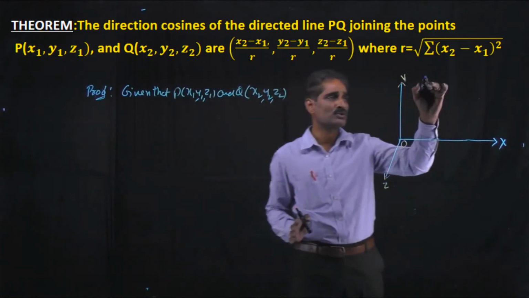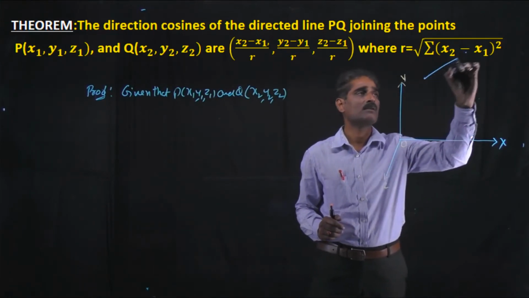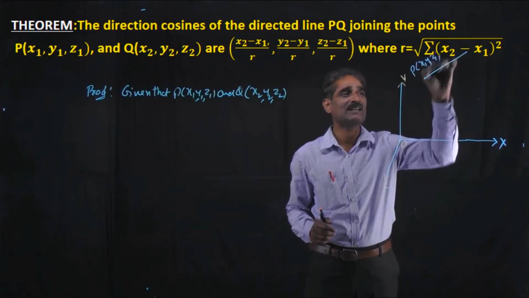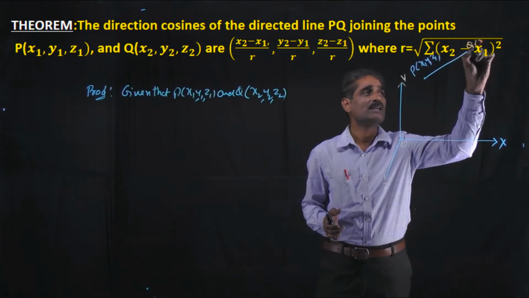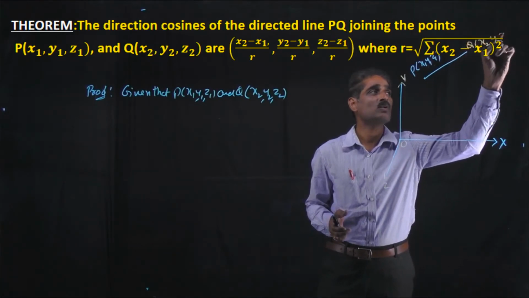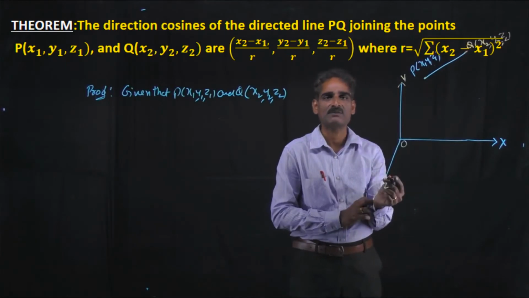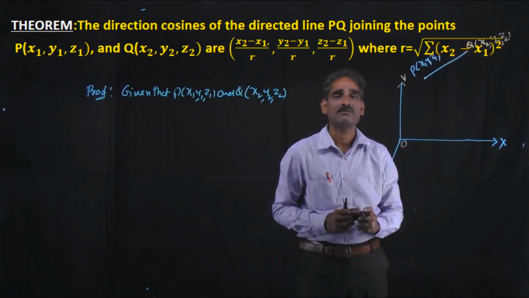Suppose these are the positions of the 2 points P(x1, y1, z1) and Q(x2, y2, z2). We have to find out the DCs of this line.